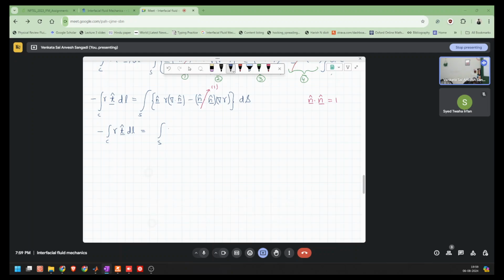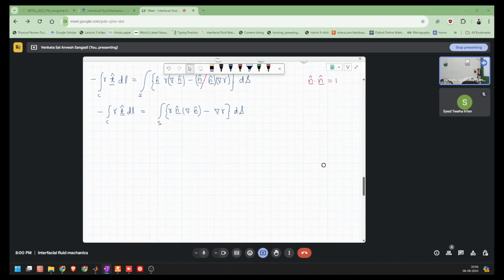We'll write gamma first: gamma n cap times the divergence of n, minus the gradient of the gamma vector. Yes, so this is how we get it. I'll take the negative sign to the other side.